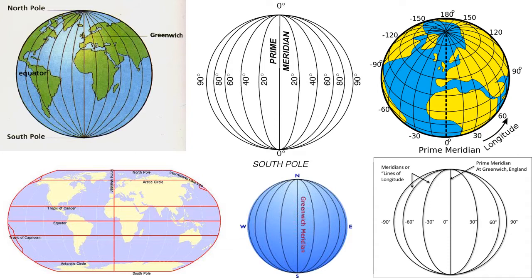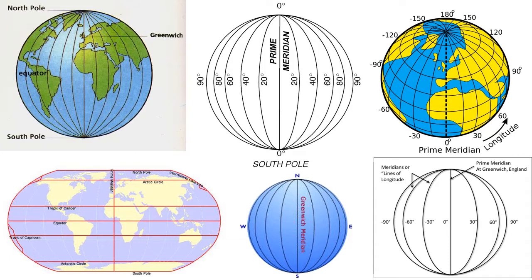The fourth diagram at the bottom shows the important lines of latitude, as well as the prime meridian. So you compare them against each other.